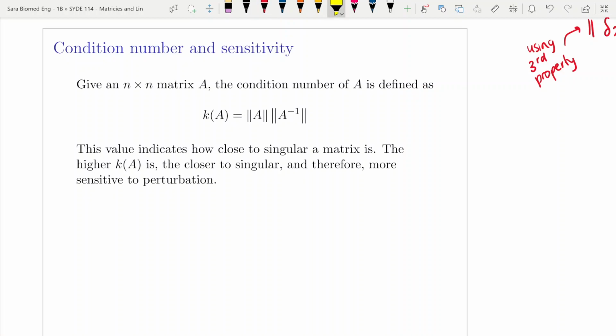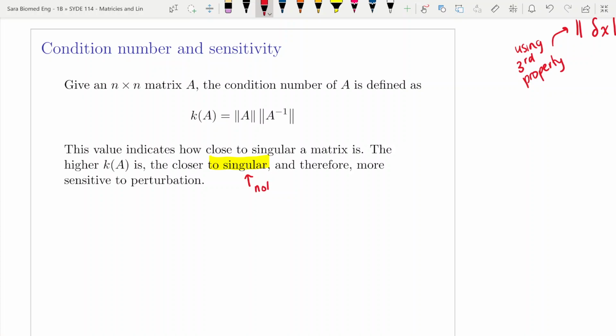Singular means very close to not invertible, very close to determinant equals 0, or maybe there are two columns or rows that are linearly dependent. If a matrix has a higher k value, condition value, it is more sensitive to perturbation or noise.